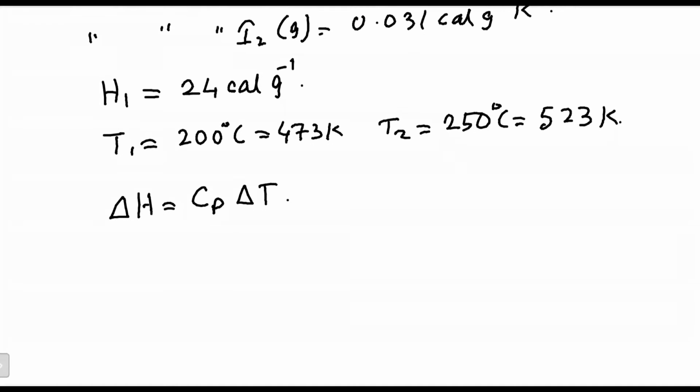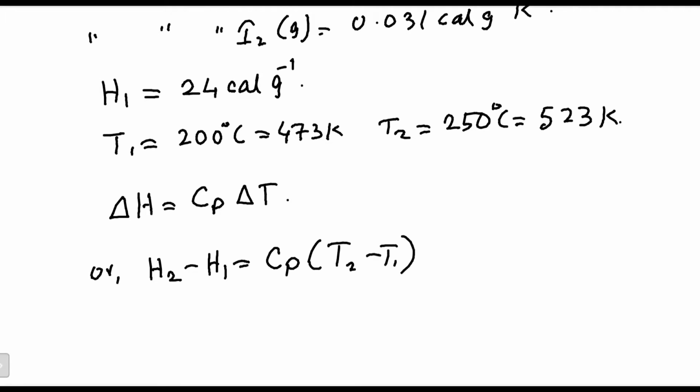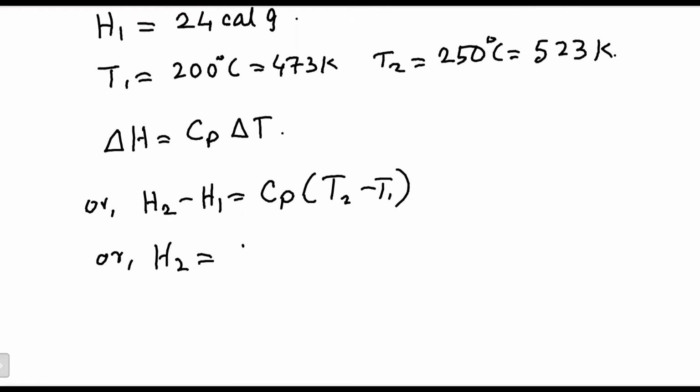It is given for iodine solid as well as iodine vapor. Now we put in the values. Delta H means H2 minus H1, and delta T means T2 minus T1. We have to find H2, the enthalpy of sublimation, so H2 equals H1 plus Cp into T2 minus T1.